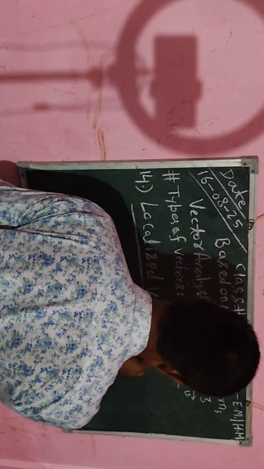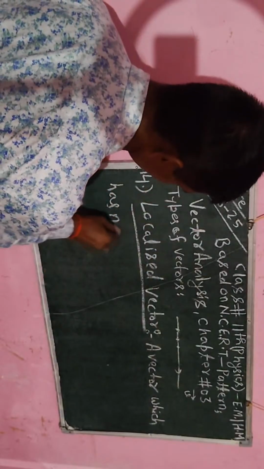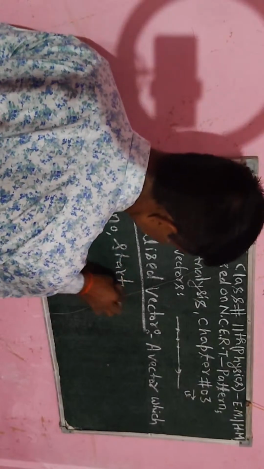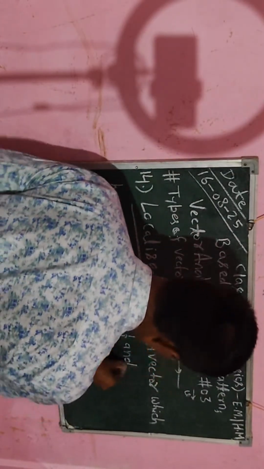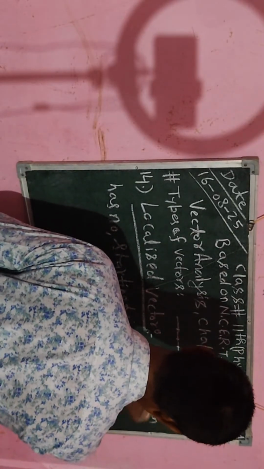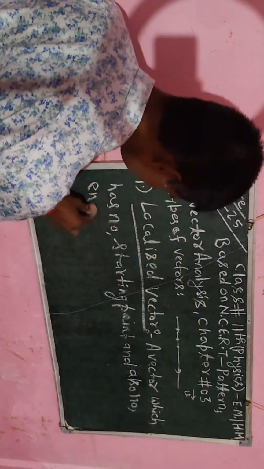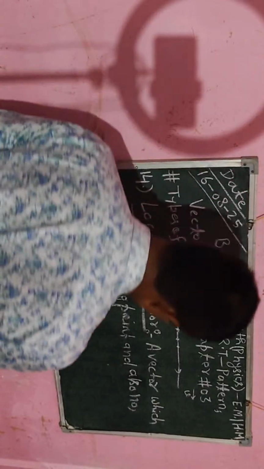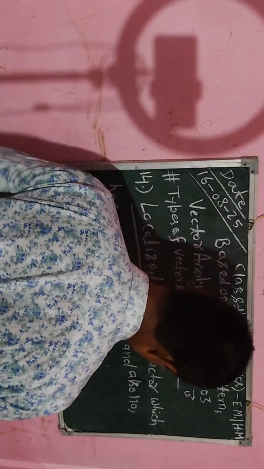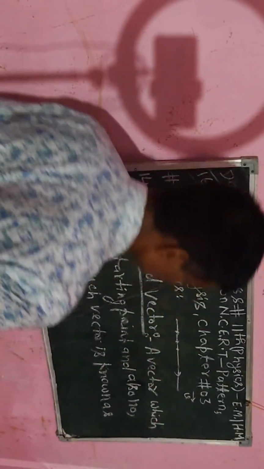In other words, I can define a vector which has no starting point but also no end point; such a vector is known as a localized vector.